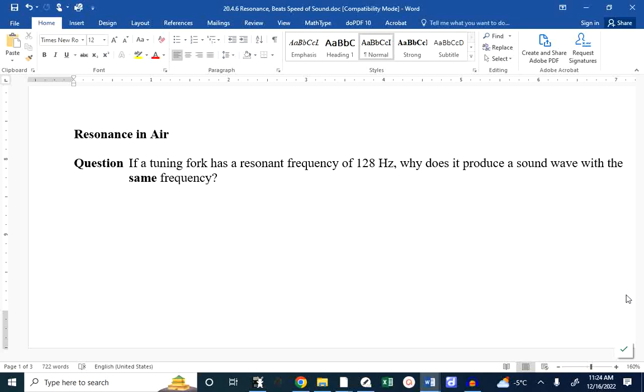That means these two tines are going back and forth in the air 128 times per second, which means they're banging on air molecules 128 times per second, which means those air molecules are vibrating back and forth 128 times per second, and when that compression finally reaches the surface of your eardrum, it will be hammered away 128 times per second.